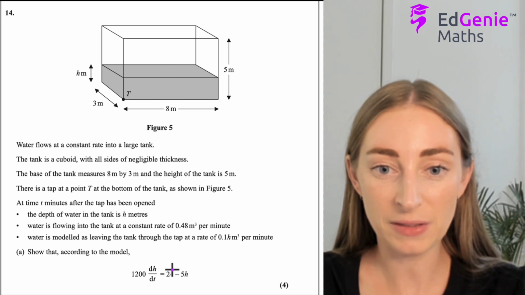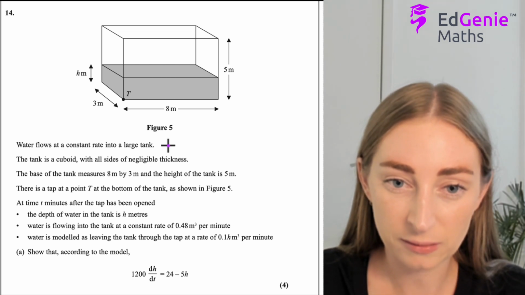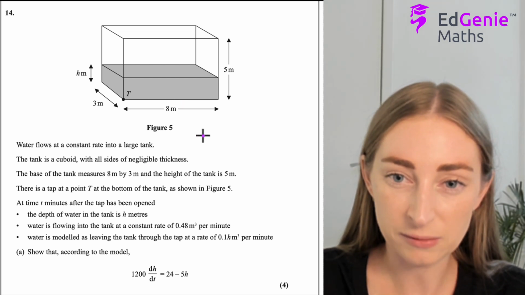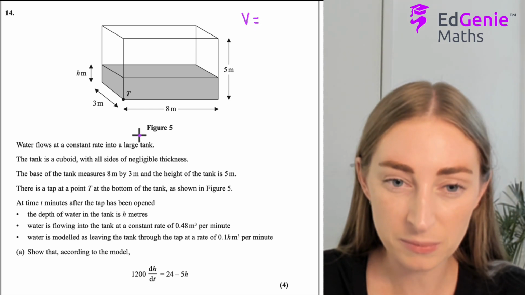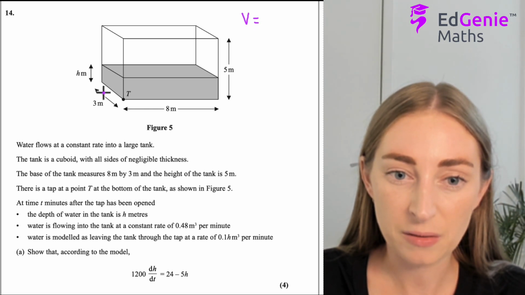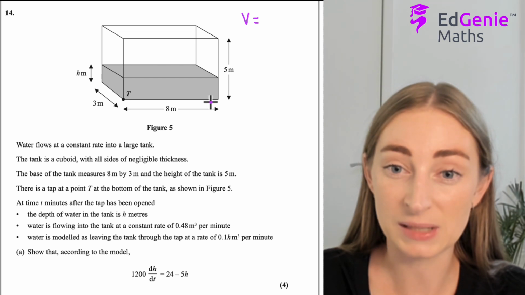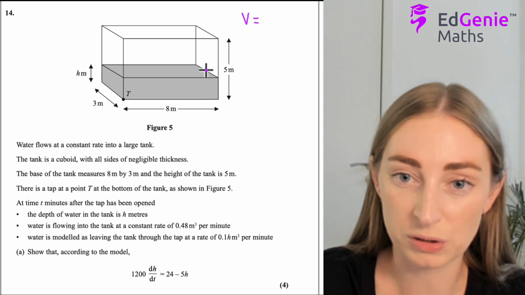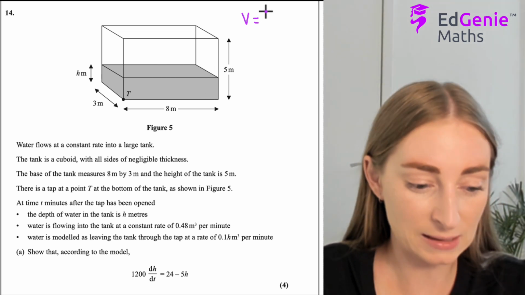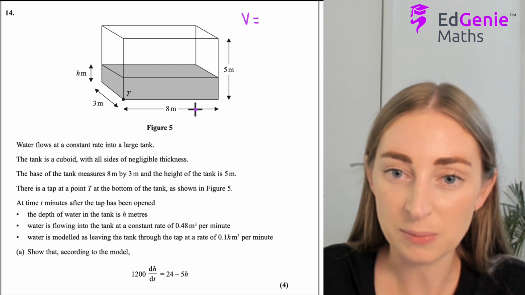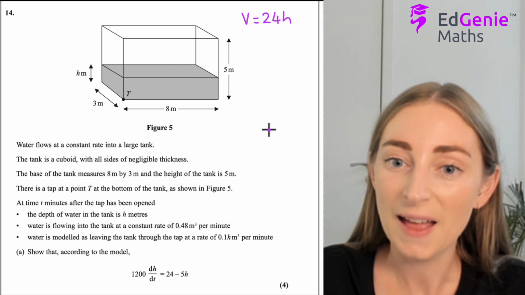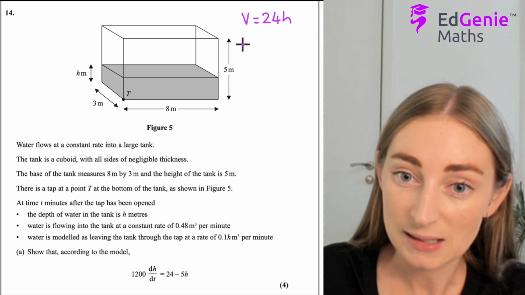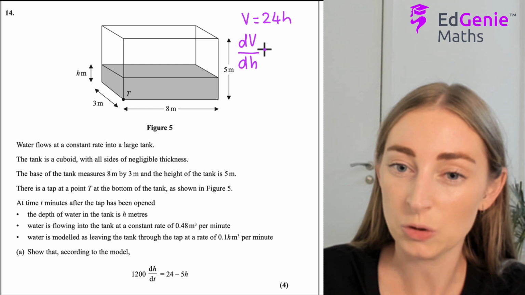So, a few different things that we're going to need to find out. First of all, let's think about the volume. So the volume of the water is going to be 3 times 8 times h. So 3 times 8 is 24, so it's going to be 24h. That means dV by dh is going to be 24.